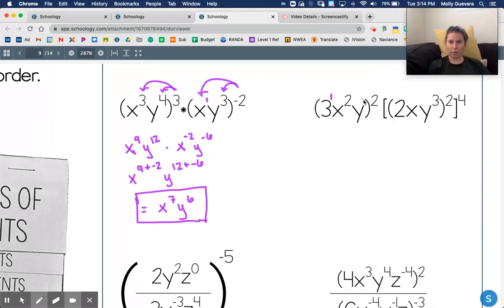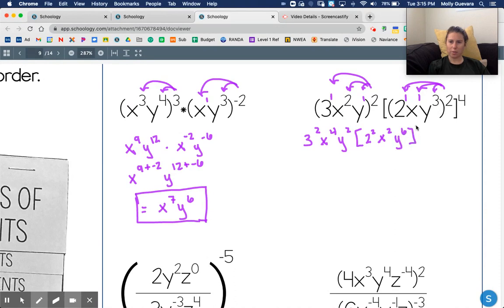Okay. Same idea here. This is 3 to the 1 and y to the 1. I'm going to distribute my 2. So I have 3 squared x to the 4th y squared. Okay, now I'm going to distribute this 2. Remember again, exponents, right? So it gets me 2 squared x squared y to the 6th.